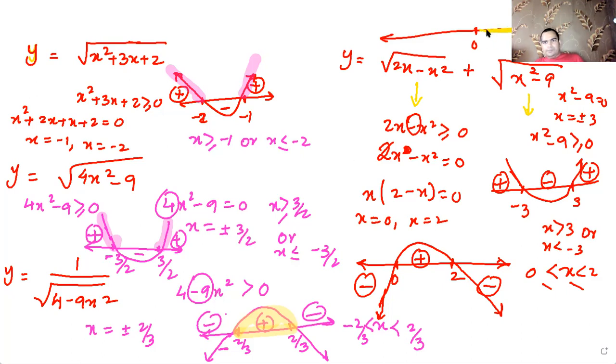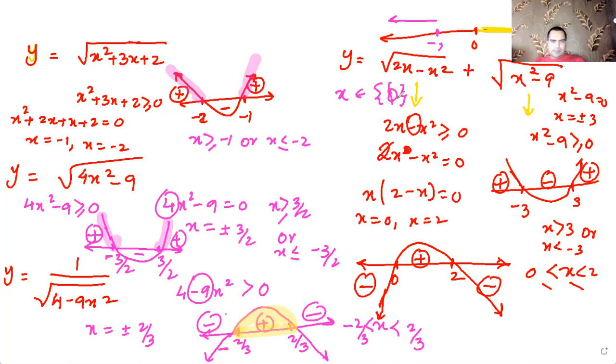And then the next part is x greater than 3, which is this side, and x less than negative 3 is this side. So you can see that the graph is actually not overlapping at any point. So this function won't be defined for any x value. So the domain for this will be a null set.